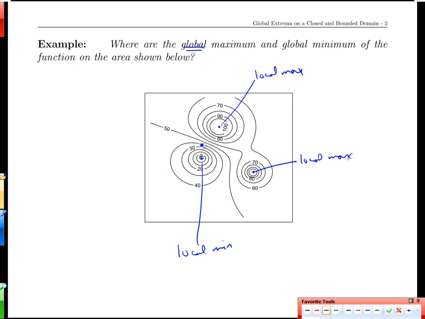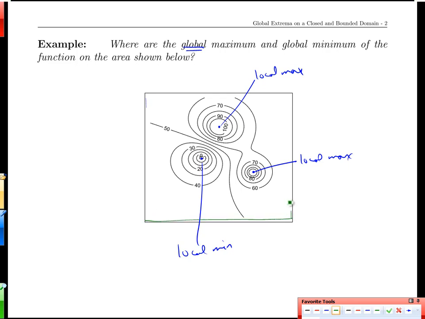And now we want to ask the more general question: where's the global max and the global min on this region? So if we limit ourselves only to the box shown, where's the single highest point? Global max. And where's the single lowest point? Global min. We just said on the last slide that those would occur at a point where the gradient is 0, these points that we would have found by looking inside the nested contours, or along the boundary.